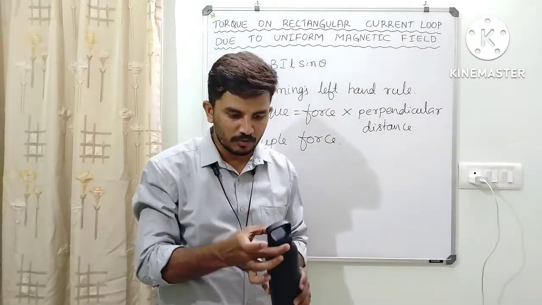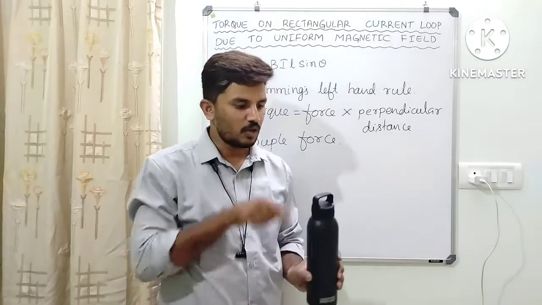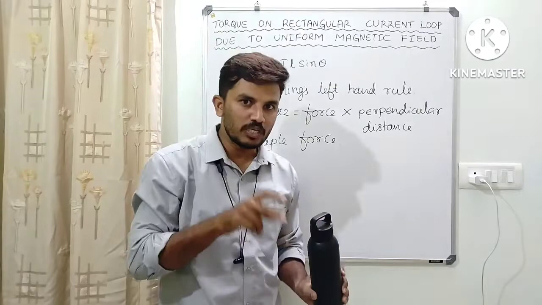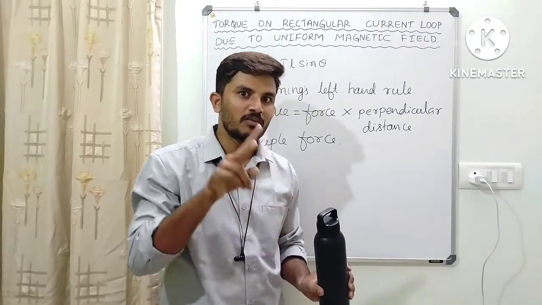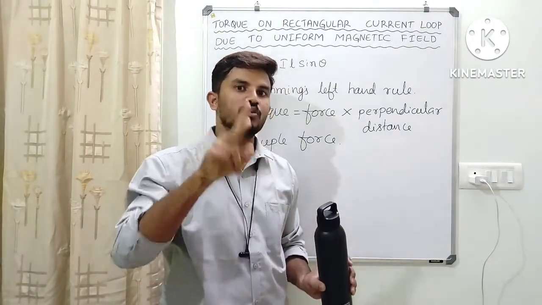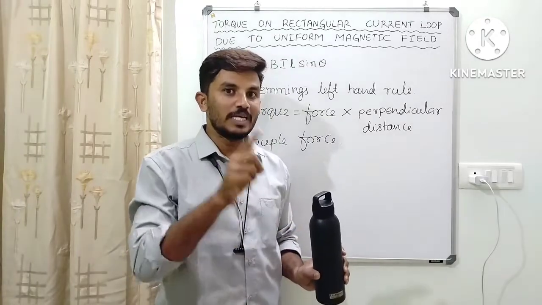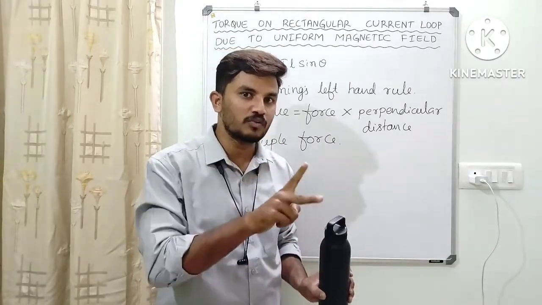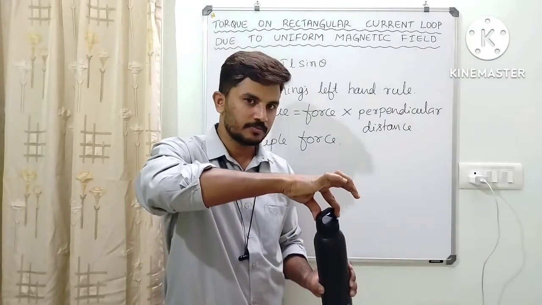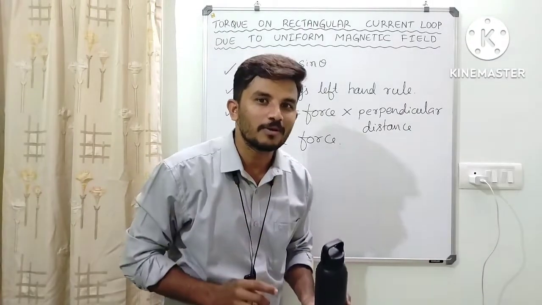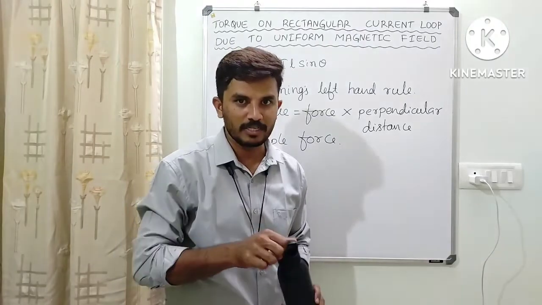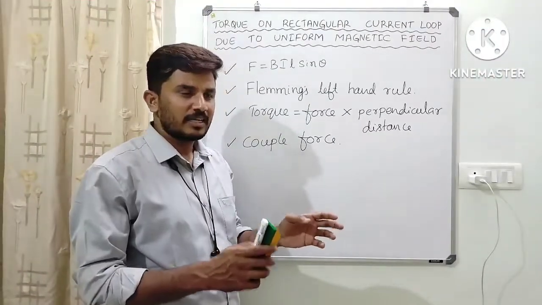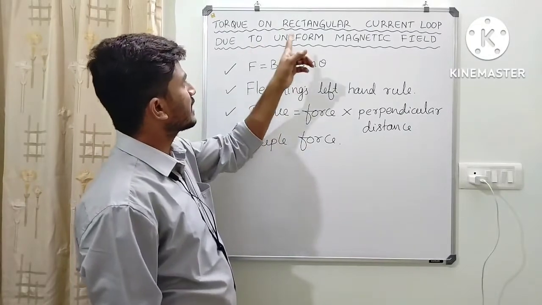If I want to close it also, two forces are acting, one in this direction and the other in this direction. Two equal and opposite parallel forces acting at two different points on the object is called a couple force. Do remember that also.